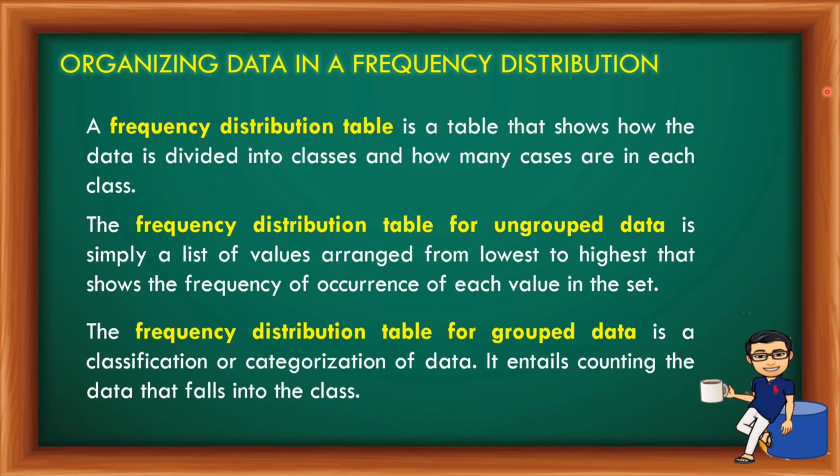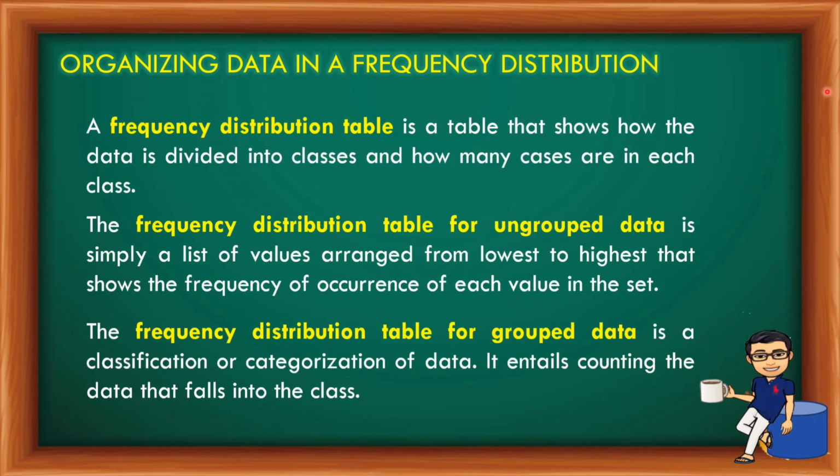Ang isa pa sa pagkakaiba ng dalawang ito, ang frequency distribution table for ungrouped data is best used when the range of value is not too big. So, ibig sabihin yung mga given information is not too big, is not too large. So, ang gagamitin natin ay frequency distribution table for ungrouped data.